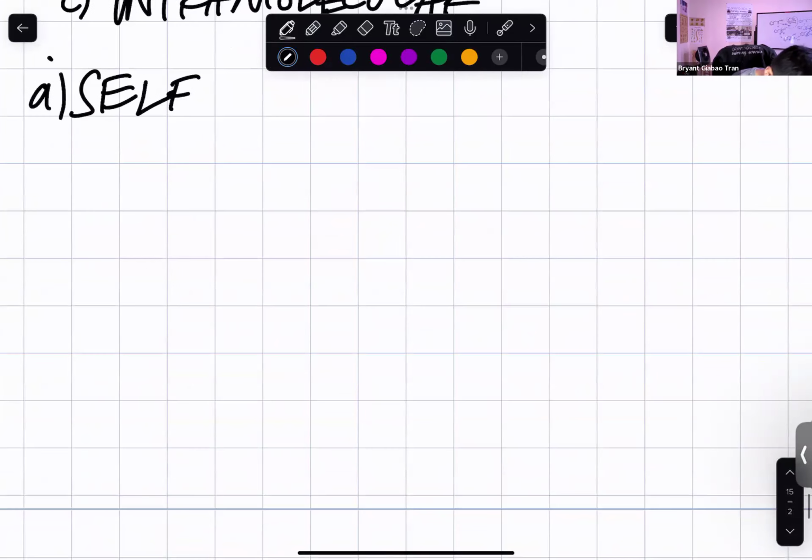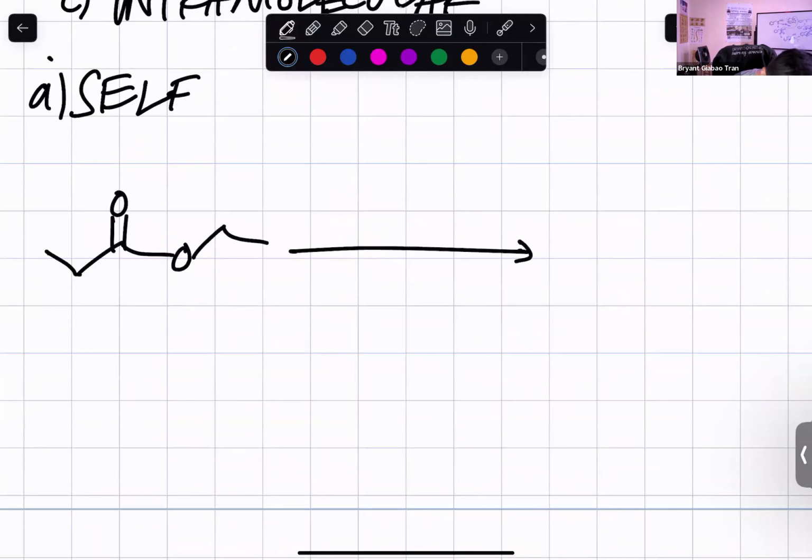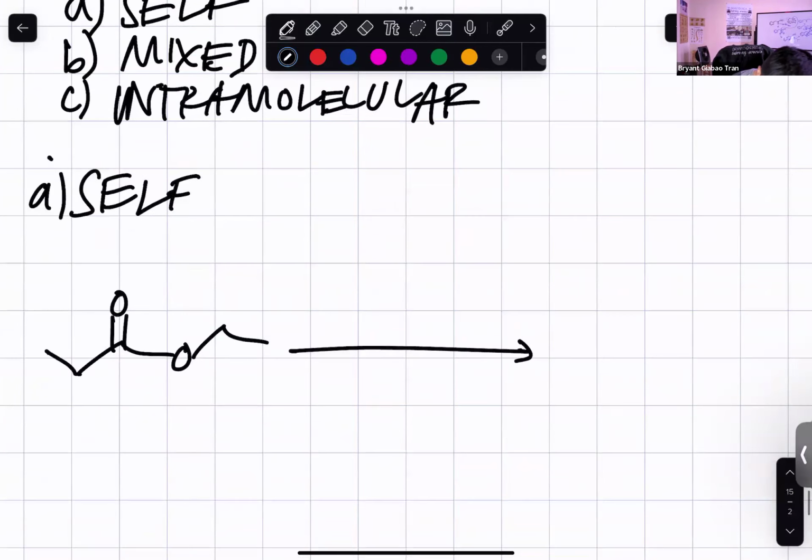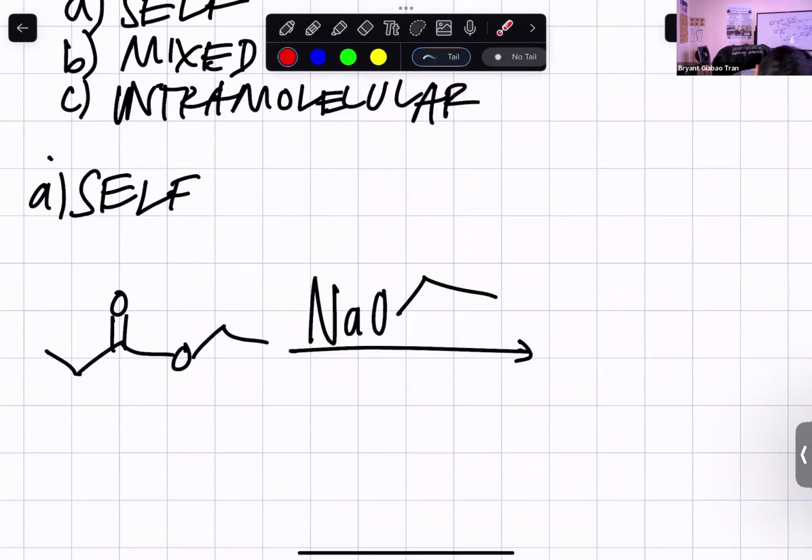Let's say we have this ester right here, and we react it with these reagents. The reagent has to be the same OR group as the ester. So if the OR group is this OR group right here, I want to use NaOR, where the R group is the same as the OR right there.